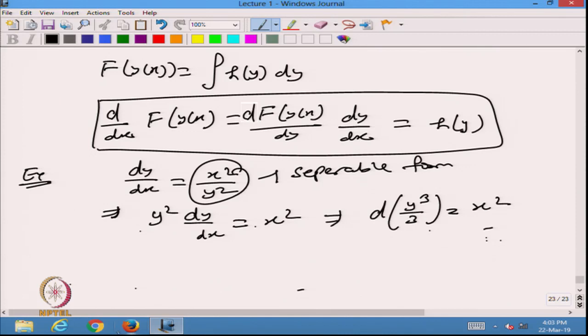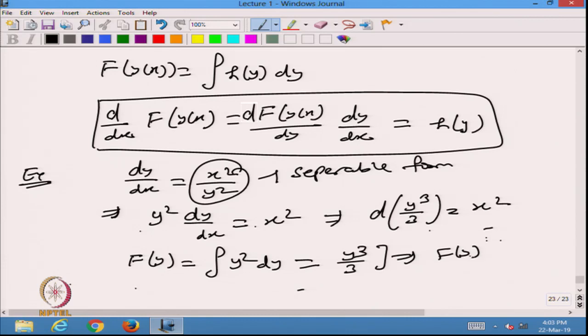So, what I am doing now, I am defining my function F(y) equal to the integration of y square with respect to y. So, this becomes y cube by 3, and if I differentiate this with respect to x, then I will get d F(y) by dx.